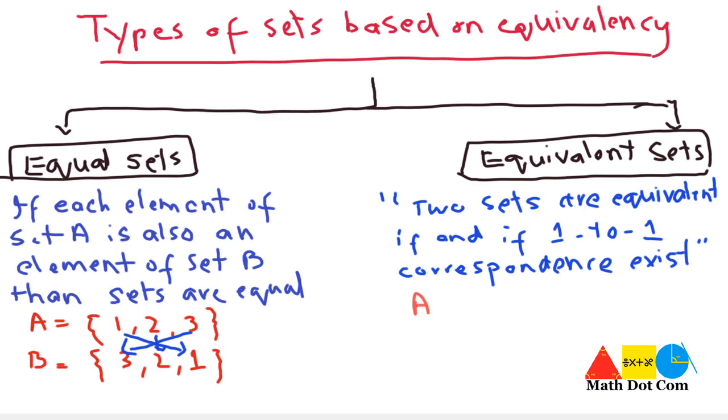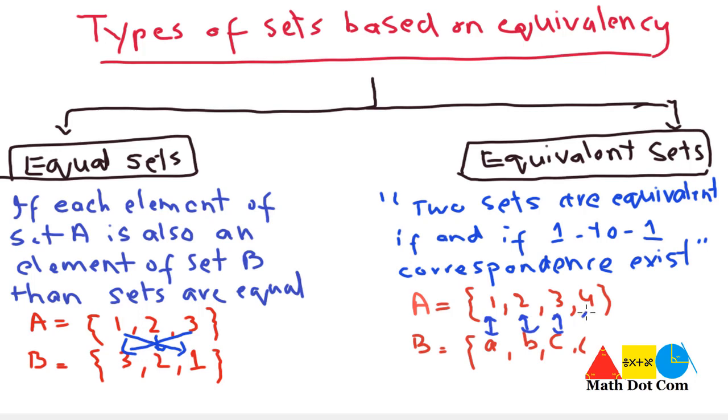A is equal to 1, 2, 3, 4 and B is equal to A, B, C and D. Now we will match the elements together in this way. It means there is a 1 to 1 correspondence.